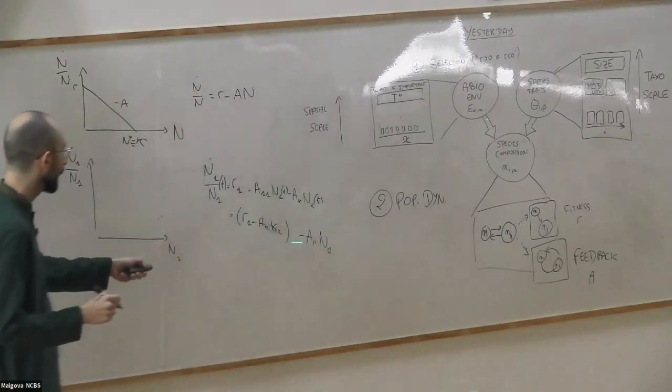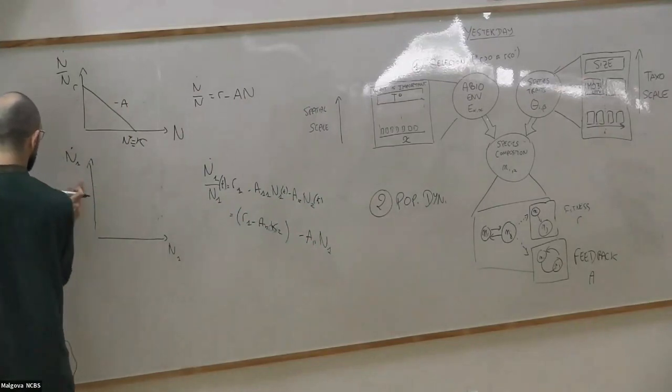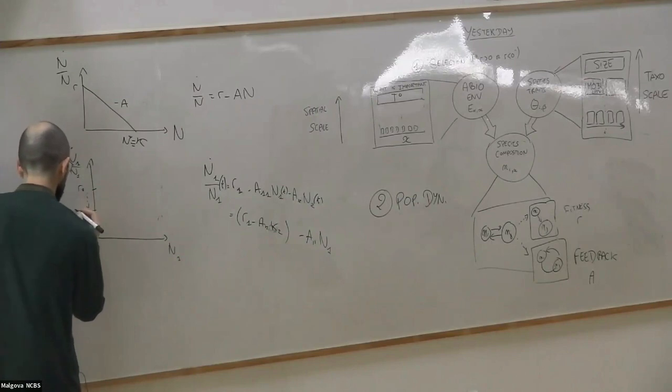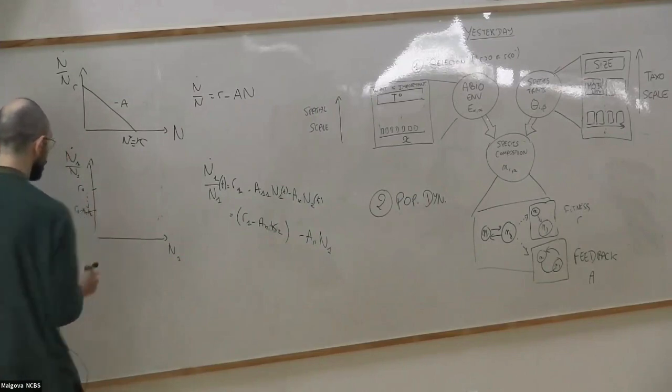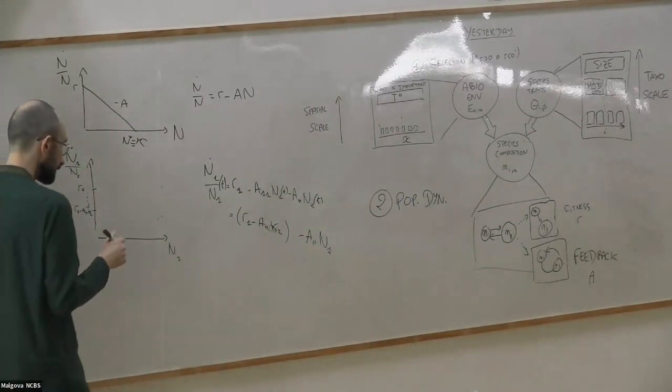So what species 2 has done is it has moved my effective growth rate. Instead of being at R1, now it has, let's say, decreased, if it's competition, to R1 minus A12 K2. Okay, so I invade less easily when there's a competitor.